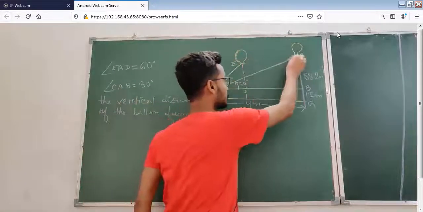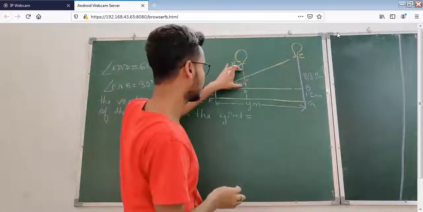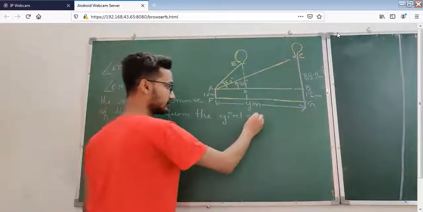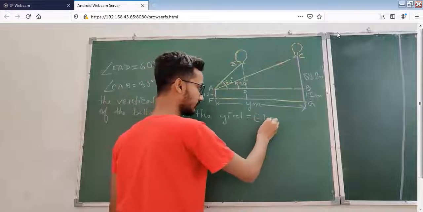So if you join this one, this will also be a rectangle. So that's why ED will be equal to your BC. Yes or no? ED will be equal to BC.